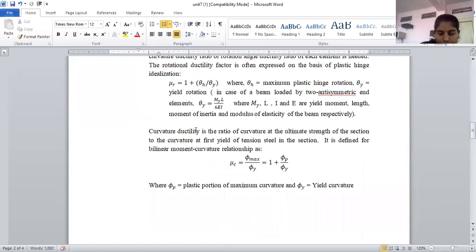Curvature ductility is the ratio of curvature at the ultimate strength of the section to the curvature at first yield of the tension steel in the section.